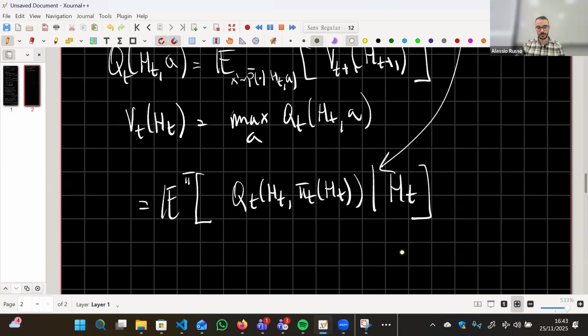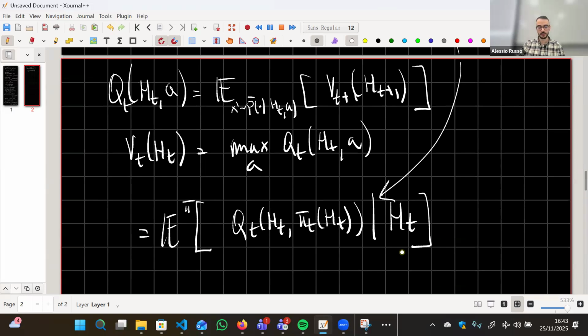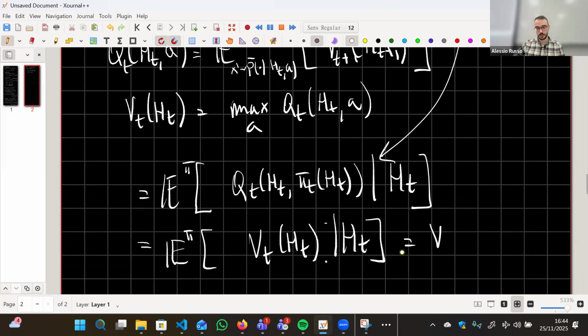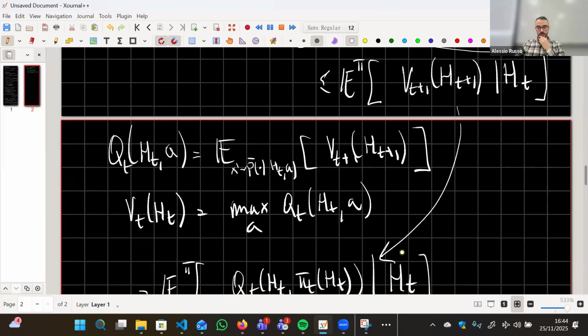And we know that when we use pi star, this is also going to be equal to V t of h t. So in general, this is an upper bound because V t is defined as the maximum over actions of Q t.